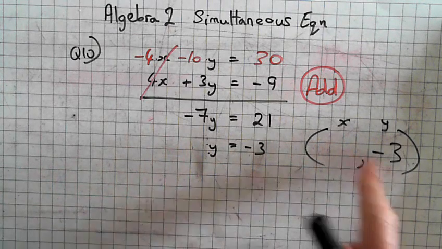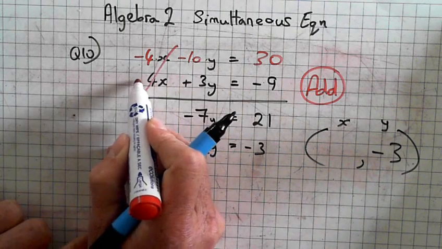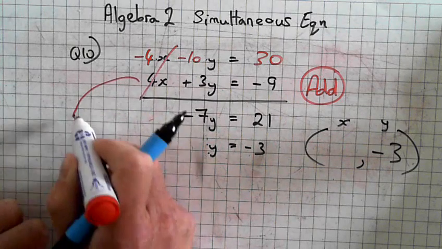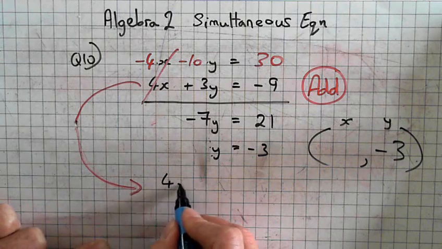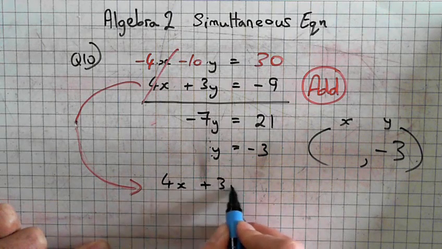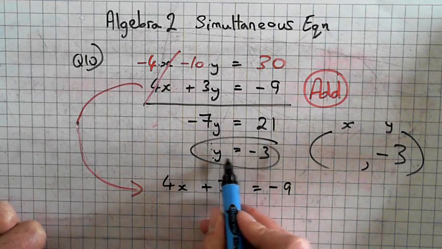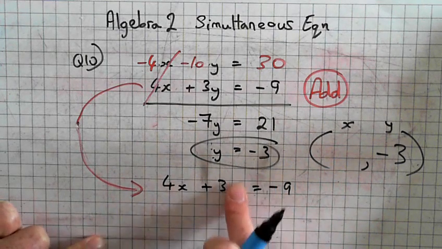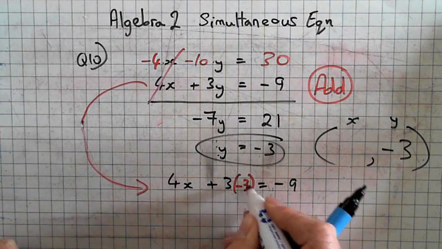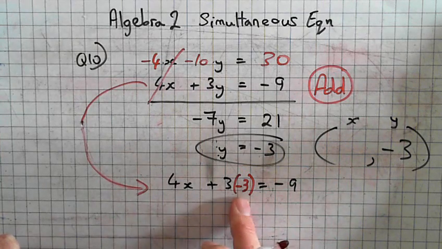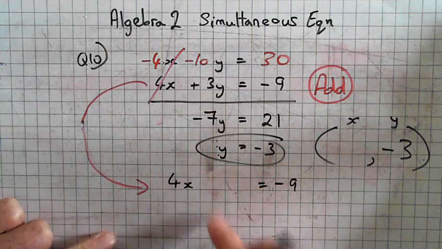Now we need to find the other coordinate. So the second half of the sum is always to choose one of the equations. So we write down 4x plus 3y is equal to minus 9. So y is equal to minus 3. So replace y with minus 3. What's plus 3 times minus 3? Minus 9.